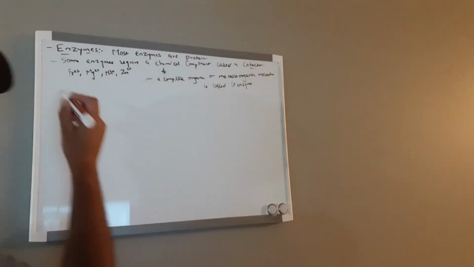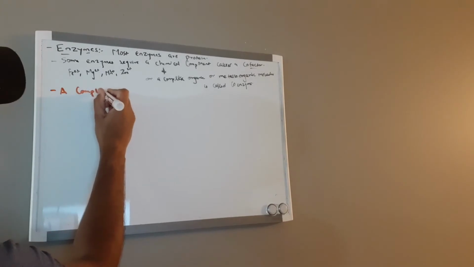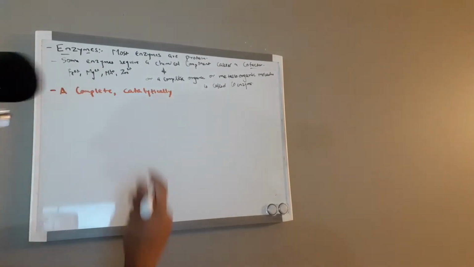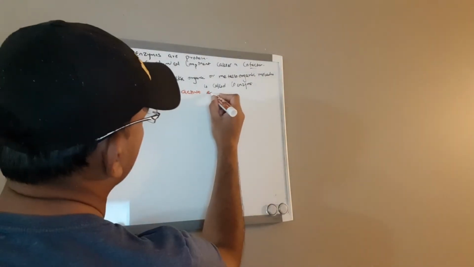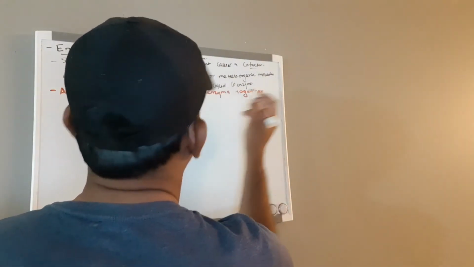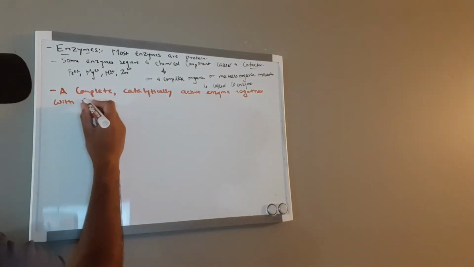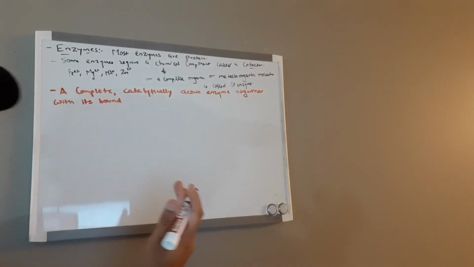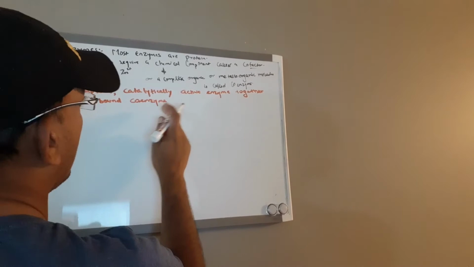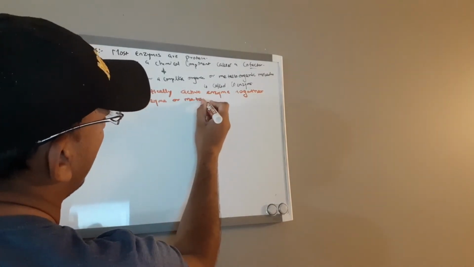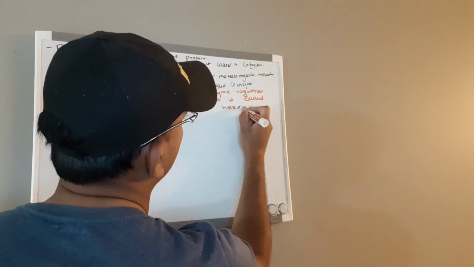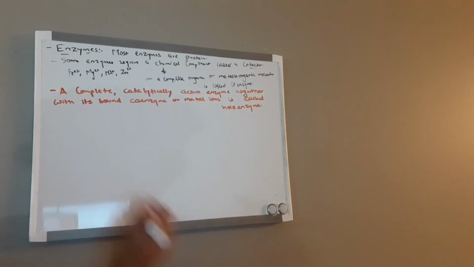Right, so I'll write this down. A complete catalytically active enzyme together with its bound coenzyme or metal ions is called a holoenzyme.